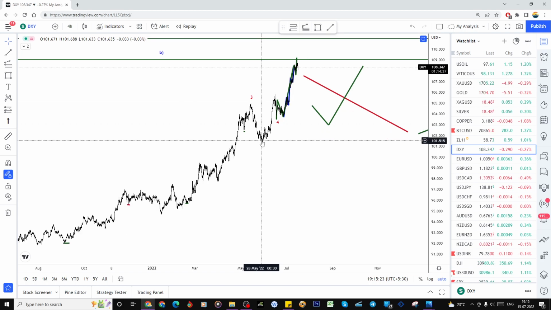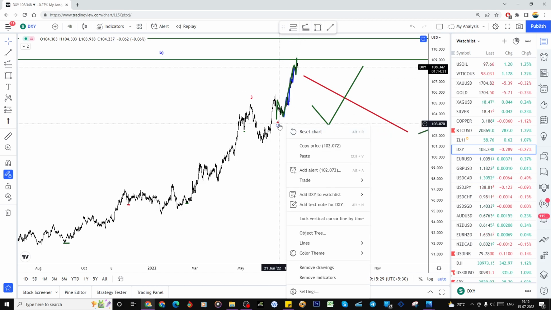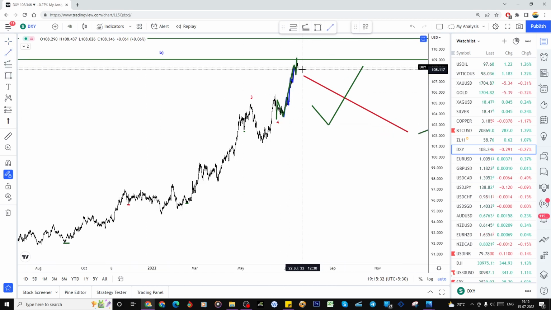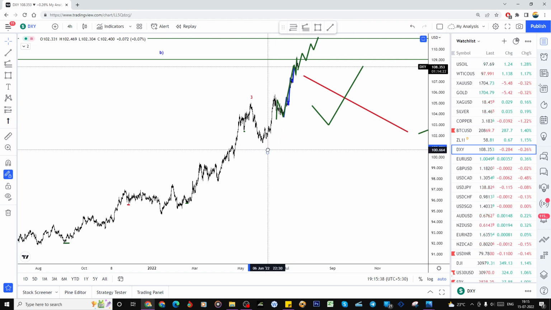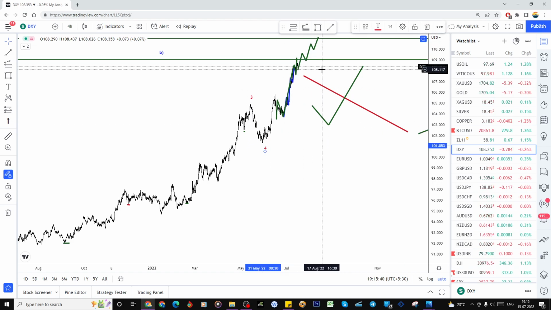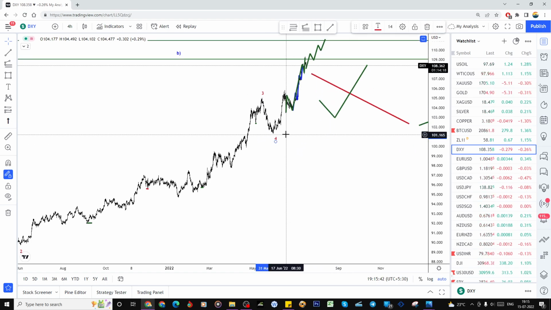As per now, if we keep this as the 4th, the fifth wave has already completed. But sometimes what it will do is shoot like this again, making one more 5 wave structure. So we need to calculate this could be the end of the 4th, and 1 2 3 4 5. So it keeps extending. This is the final wave count I'm looking for.